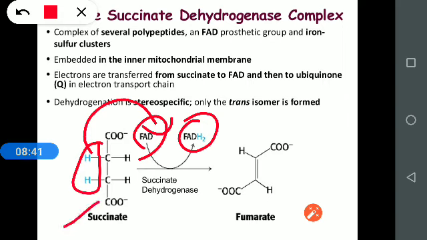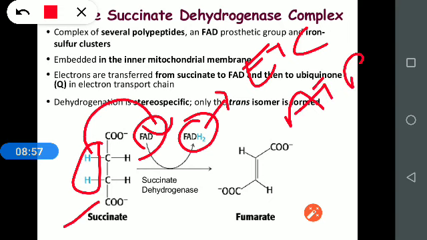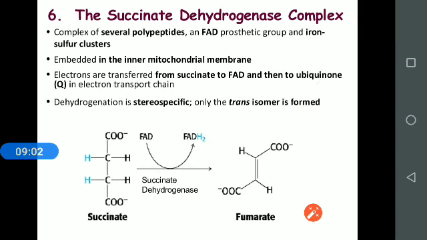That means succinate is undergoing dehydrogenation, removal of hydrogen, oxidation of succinate. It is embedded in the inner mitochondrial membrane. This FADH2 will enter into the ETC to give ATP molecules by means of oxidative phosphorylation. So succinate is converted to fumarate by the succinate dehydrogenase enzyme.